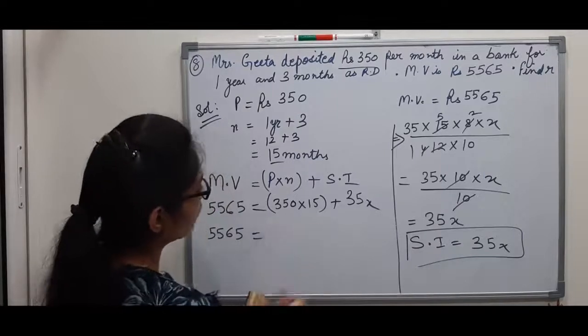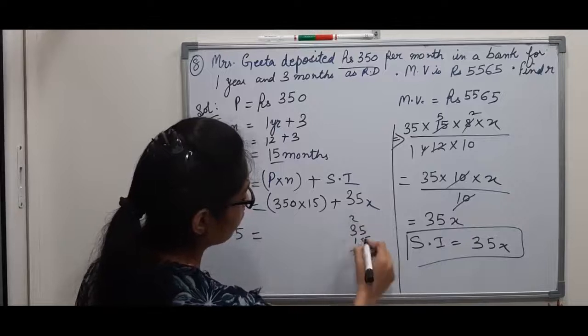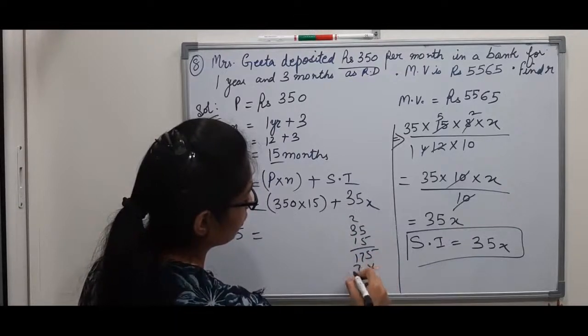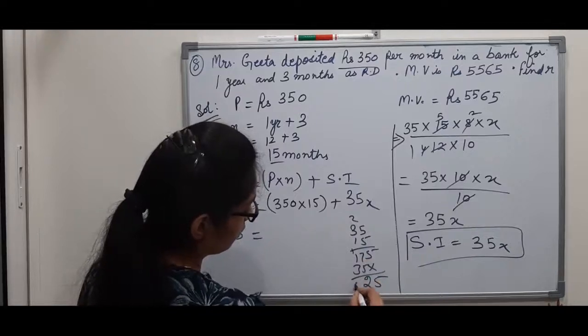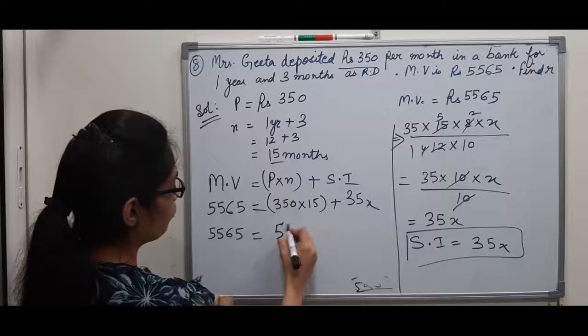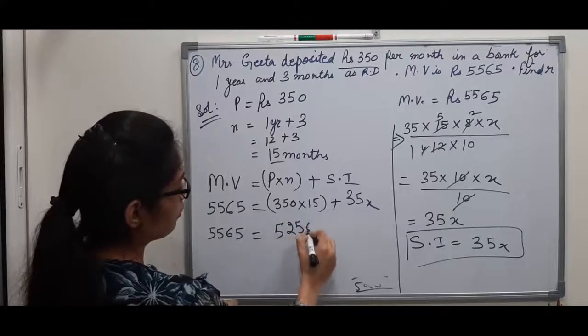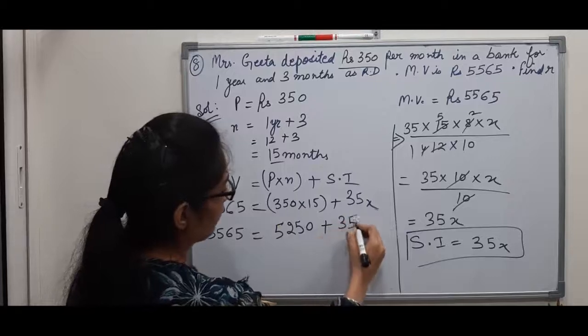Wait, I'll do it again. 35 into 15. Yes, it is 525. This 0 was there, so I'll write 0 with this. Now plus 35x.